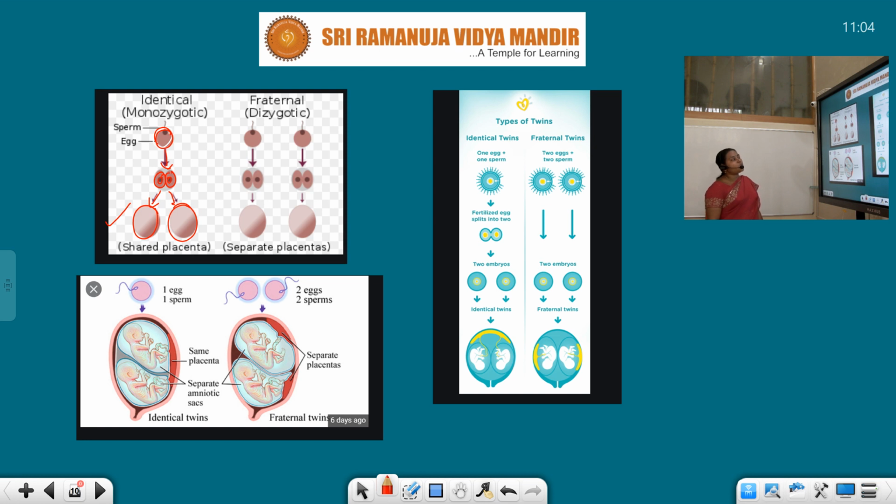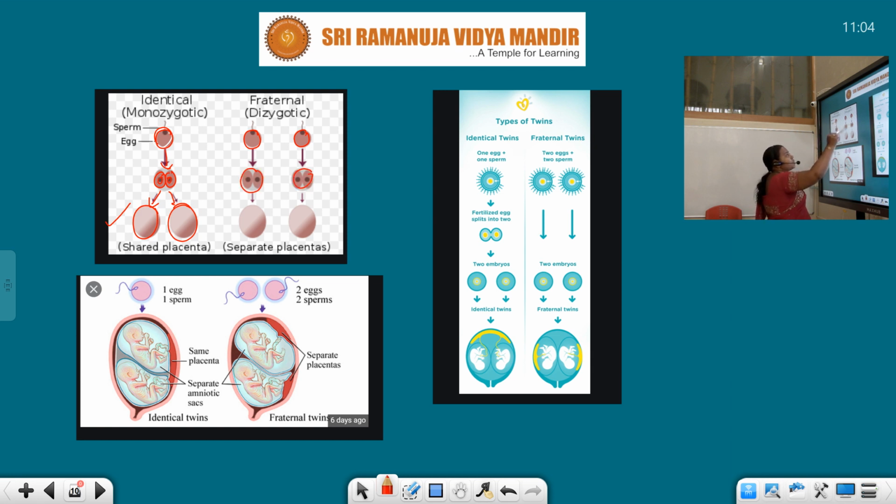Next, in the next case, what will happen? Two different zygotes will be forming. So there are two sperm cells combining with two different ova. In such a case, there are two zygotes, which is the dizygotic condition. Fraternal children will come here.